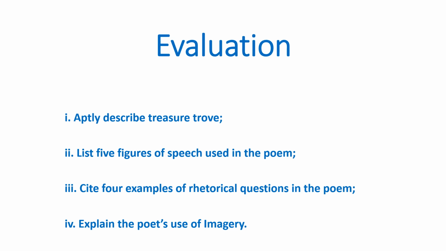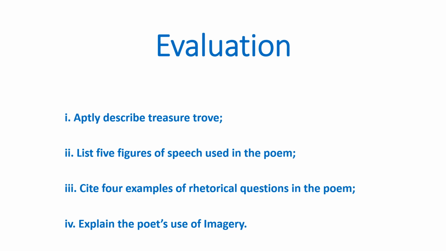You have to cite 4 examples of rhetorical questions in the poem. Obviously, you have those examples in the first stanza of the poem, and you have another example in the last stanza of the poem. You can even focus on those 2 different stanzas in your discussion of the poet's use of rhetorical questions.